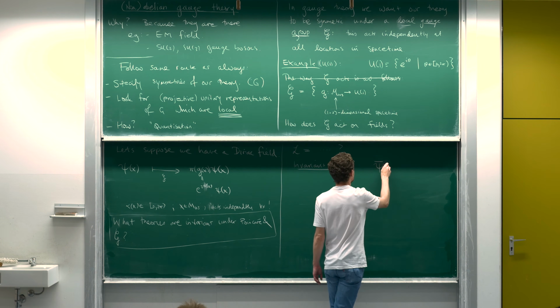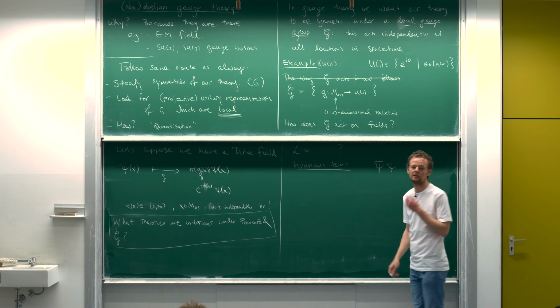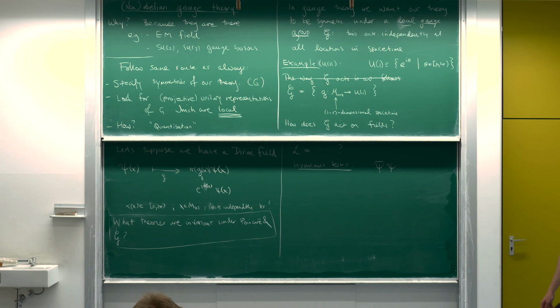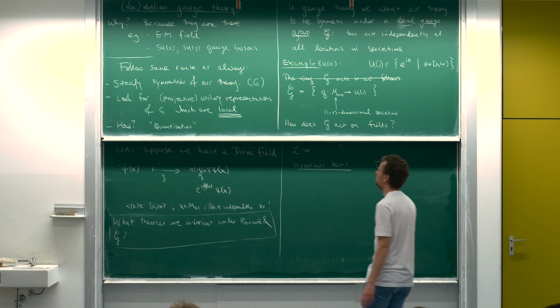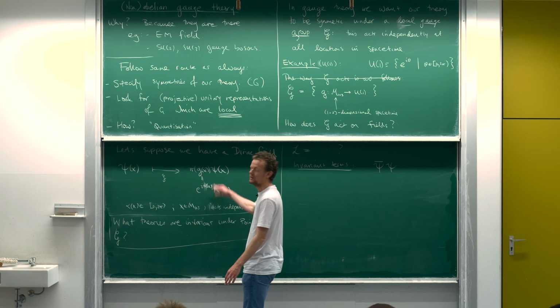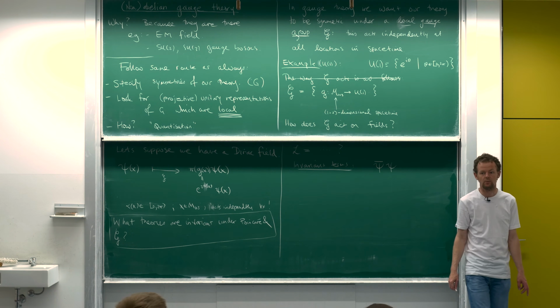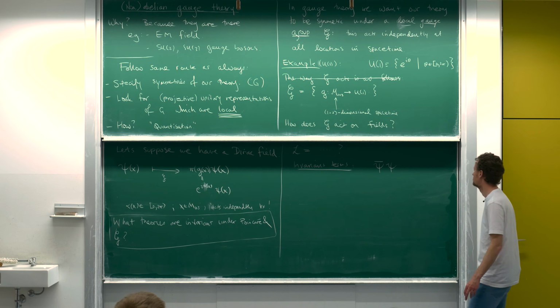Let's try our simplest one, psi bar psi. That is certainly invariant under this gauge group. This is good, right? We've gone from there being an empty set of theories that are invariant under this group to at least a theory that contains one term, namely psi bar psi. It's pretty good.